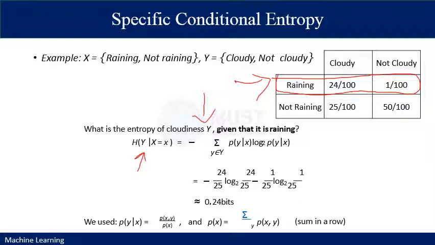You employ the same formula, but in this case you use the training set with the raining examples only, and you find the entropy of 0.24 bits. So this means that it has the highest chance of uncertainty based on the cloudiness and the raining.